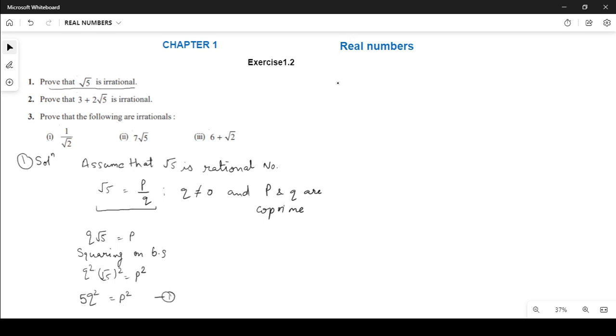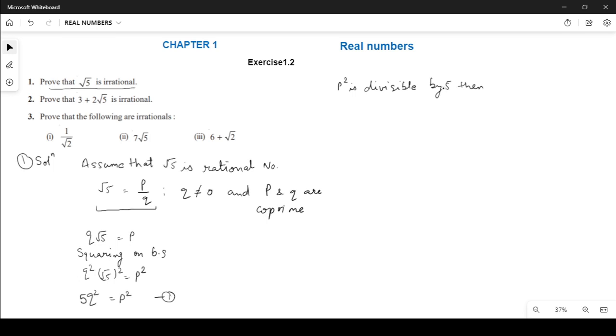So can I write here p square is divisible by 5, because p square have factor 5, right? If p square is divisible by 5, then p is also divisible by 5, right?